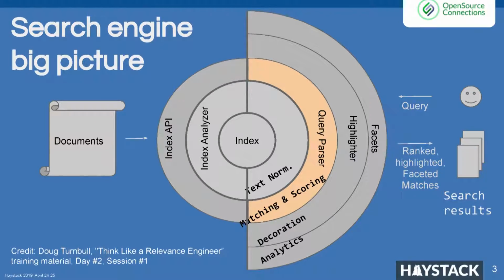The query parser is over here, kind of deep in the layers, and it's about matching and scoring. We'll see how the query parser relates to text normalization or analysis, and how it relates to the outer layers of the ecosystem in terms of declaration or analytics.